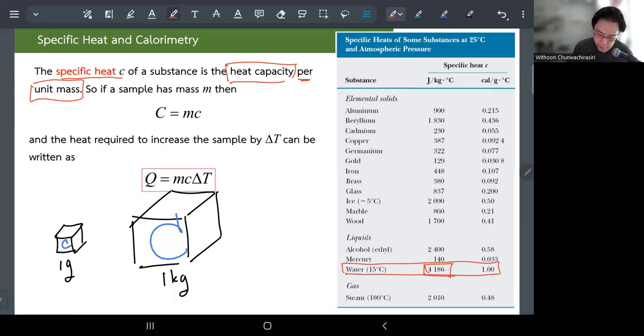Cool? Or if you bring in a gram of water, that's 1 calorie. And then if you bring in 1 gram, or 1 kilogram, or m kilograms, all you need to do is multiply that m with the specific heat. We use the small c to represent that specific heat.